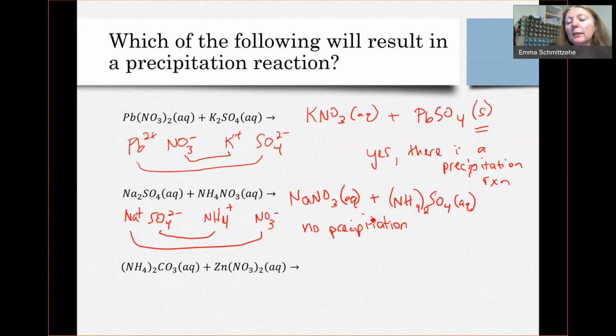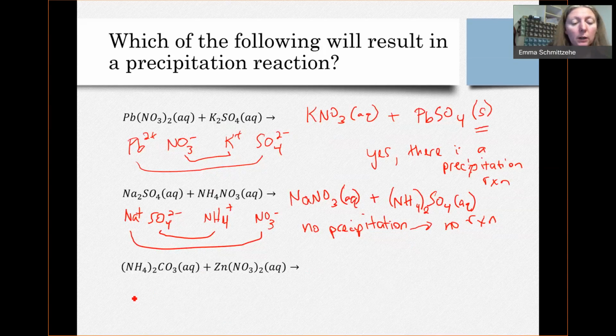And so you could say that there's no precipitation reaction. Usually we would just say no reaction. Even though you can predict those products, swapped ion partners, it doesn't mean it actually happens. A solid would actually need to form.